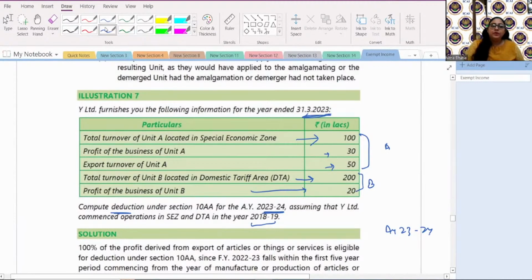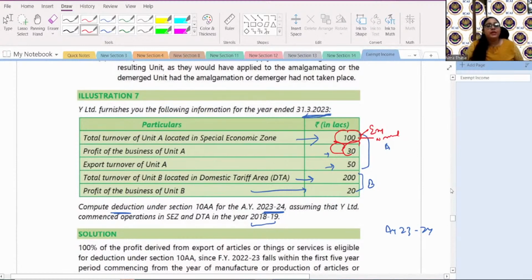Then Unit A में, this is the total turnover, which is export and normal. So I have to calculate now the profit from export turnover. Now profit of total is given to me. Total profit of SCZ unit is given to me, which is coming from this 100.